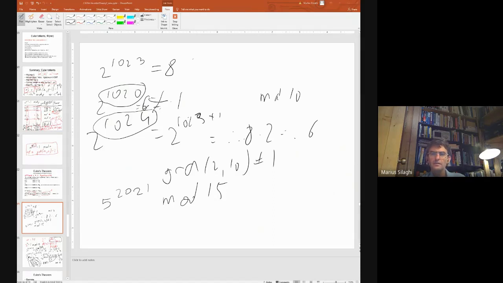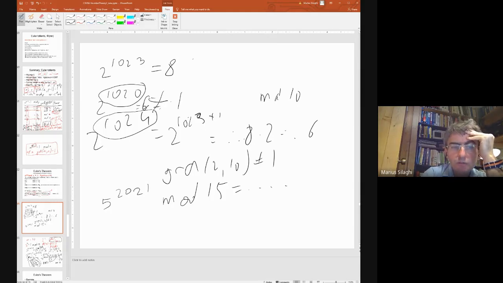We know the last digit is 5, but we were computing mod 15. So it cannot apply because, again, 5 is not relatively prime to 15. You cannot use Euler's theorem, and you cannot decompose it that way.